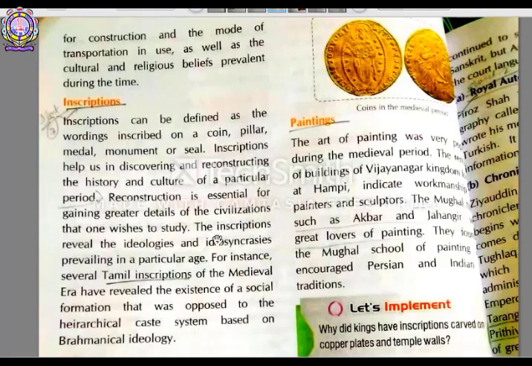The inscriptions reveal the ideology and idiosyncrasies prevailing in a particular age. Ideology means mood or thinking, we can say, our thoughts. And next is idiosyncrasies. Idiosyncrasies means our nature or our habit.